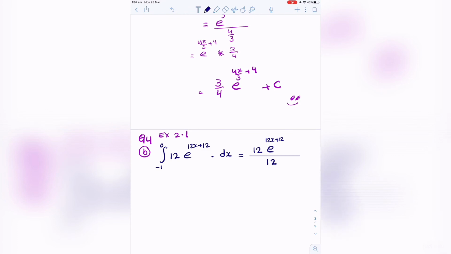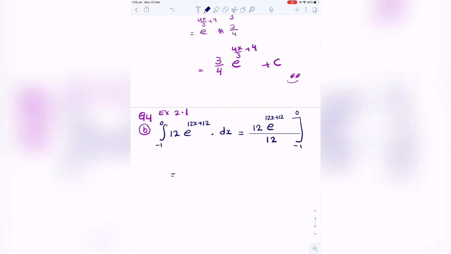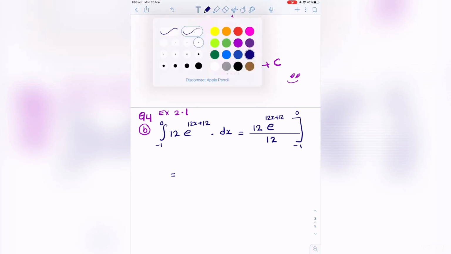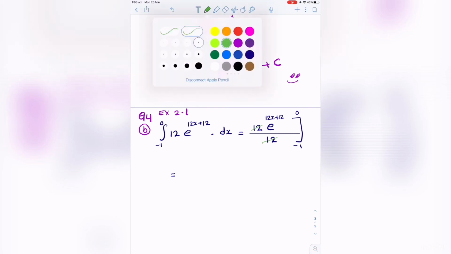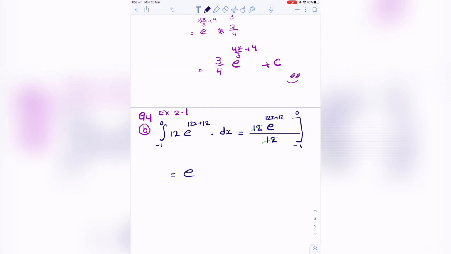Because we have limits here, we don't put plus c, so we put the bracket with the limits from -1 to 0. We cancel these two 12s together. So we have only e to the power 12x plus 12 from -1 to 0.